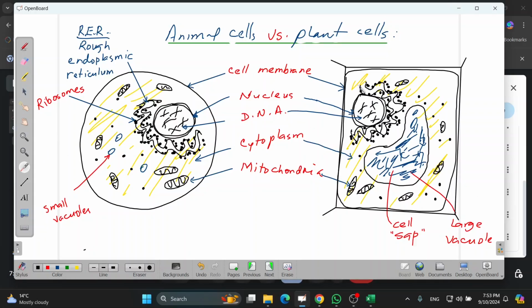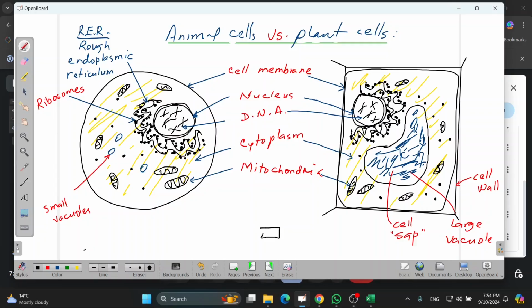What do we call that structure? That is kind of the outer boundary of a plant cell. That is called the cell wall. And it's actually kind of a wall because it protects the cell. If we could see under the microscope some real life plant cells, they will look like this.